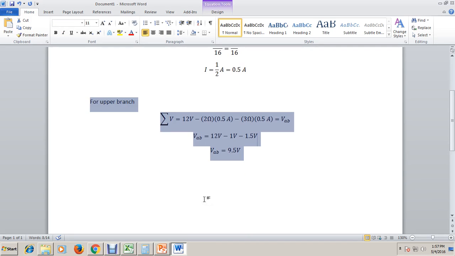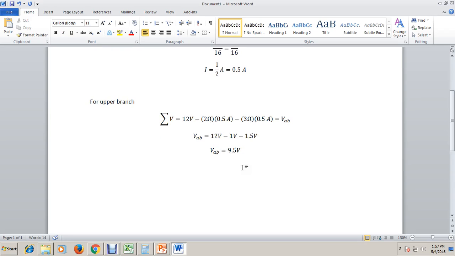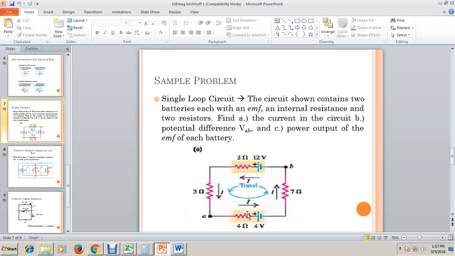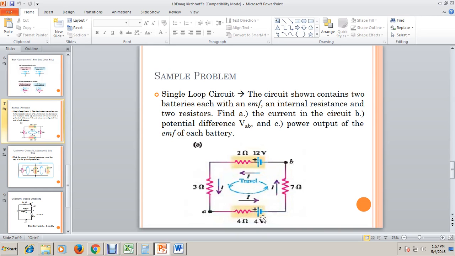Okay, so perhaps we could verify our answers by also computing for the voltage drop for the lower branch instead of the upper branch. For the lower branch, we have 4 volts. The 4 volts would be negative since our direction of travel would be this one, so we have negative 4.